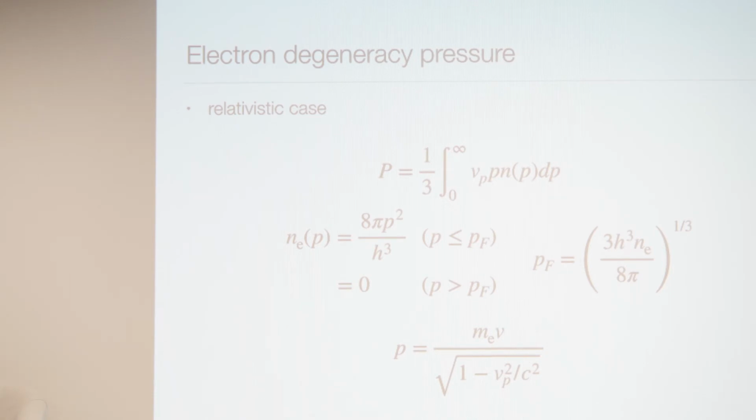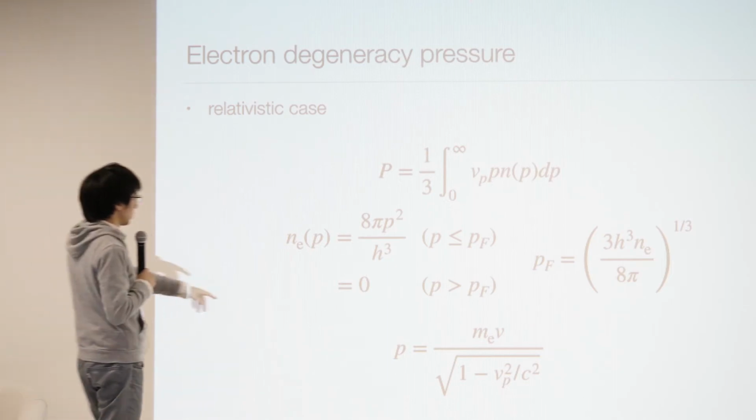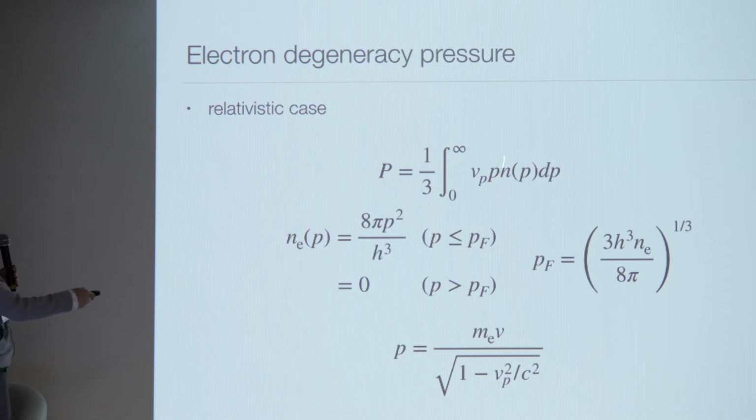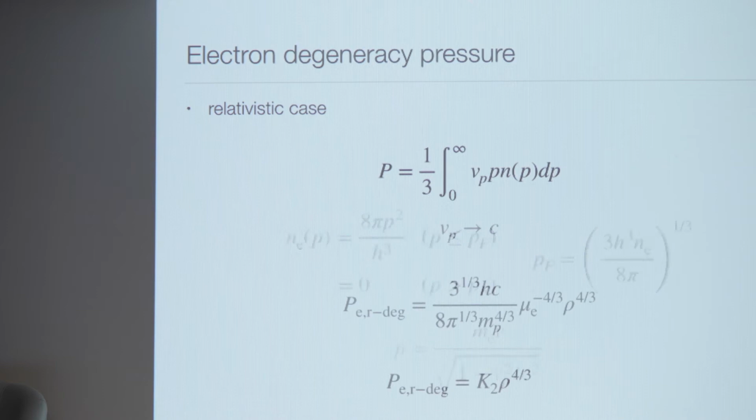Of course, you can put this expression in here and then try to integrate this, which you can do, but in a very simple way, you can just imagine this velocity became close to the speed of light, and then you can easily integrate this pressure expression, and that will give you this expression.